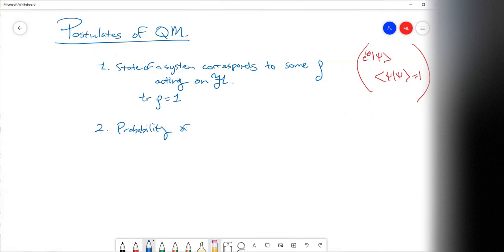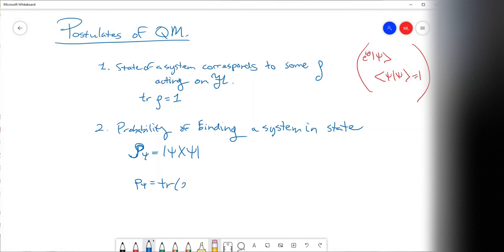So the probability of finding a system in state, and maybe we'll call it this because that's in terms of a projection operator, a projector like this. So the probability of finding a system in this state, of course, which this is rho, is little p psi, and that's equal to trace, we know, of rho psi.